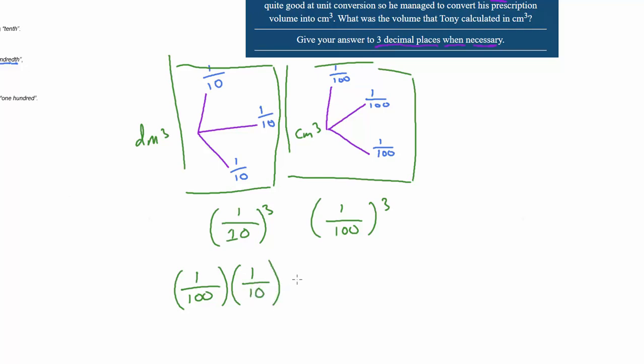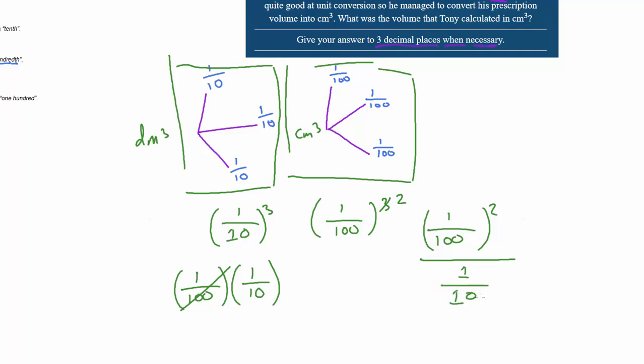Now, if you've got 1 over 100 to the power of 3 divided by 1 over 10 to the power of 3, we can cancel this to 2, we can cancel this, and we're left with 1 over 100 squared divided by 1 over 10.